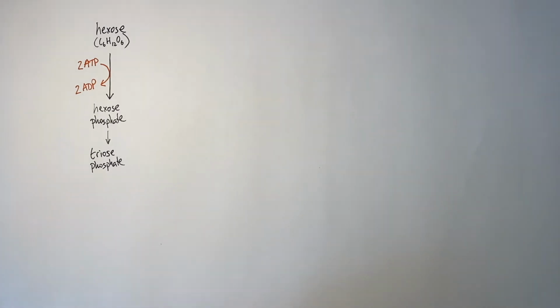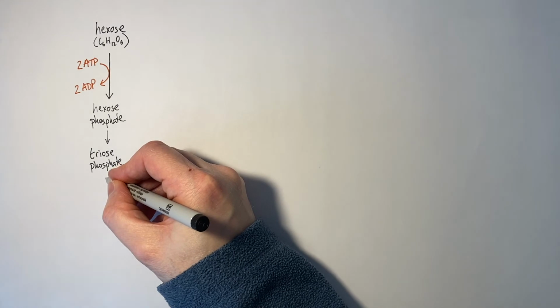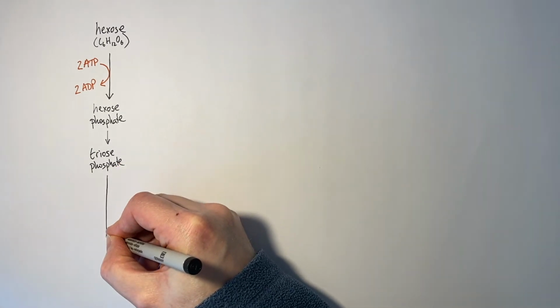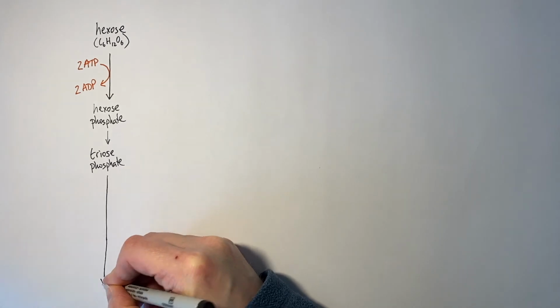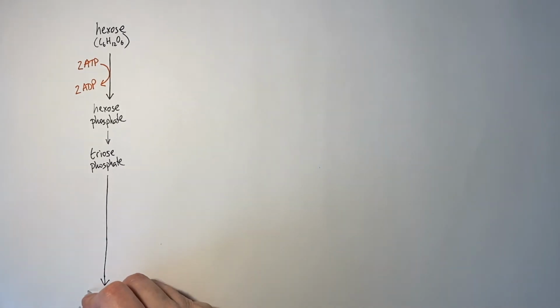And those triose phosphates then undergo a series of chemical reactions forming pyruvate. Now, as I said, you don't need to know the detail of those chemical reactions, but I'll go through it just to make sure.